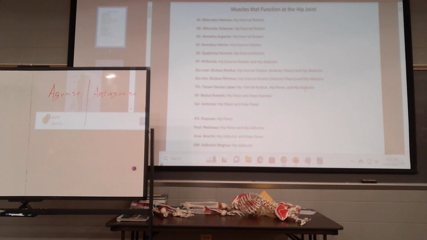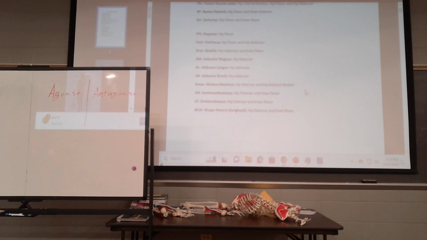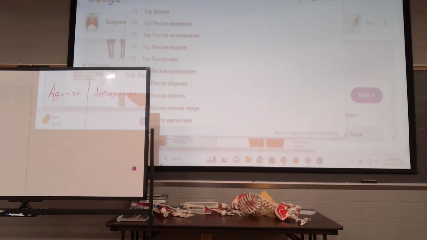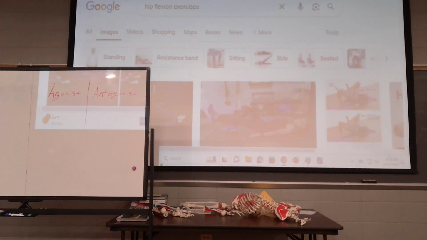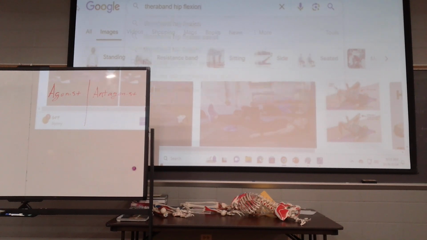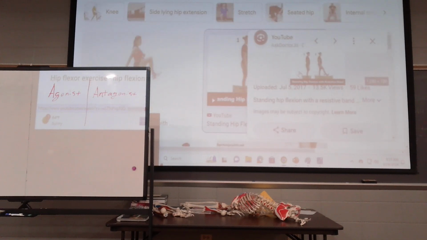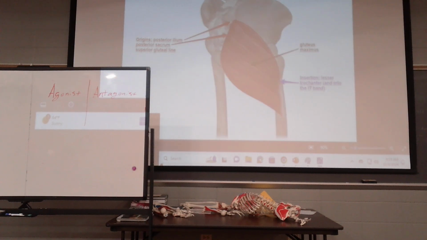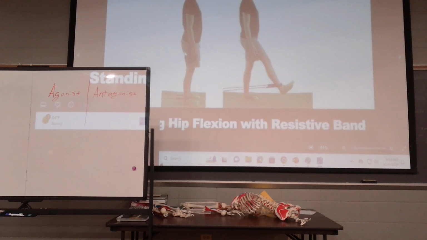Hip internal rotator, hip flexor, hip abductor. Tensor fascia lata.